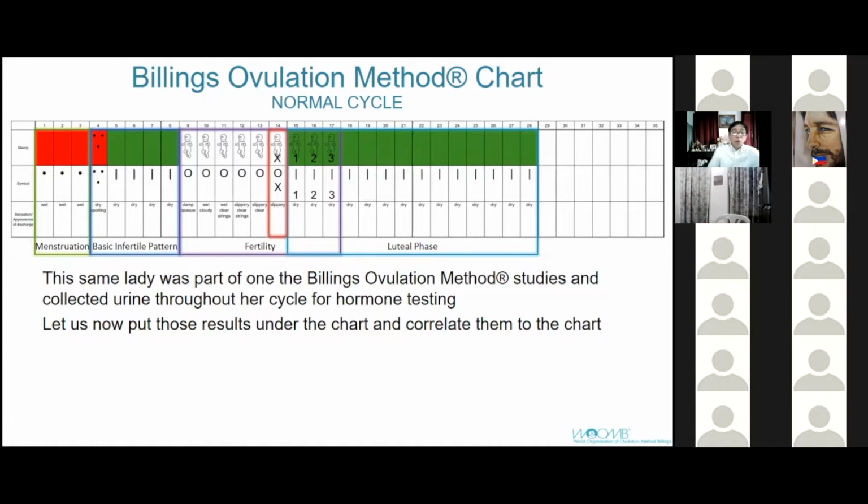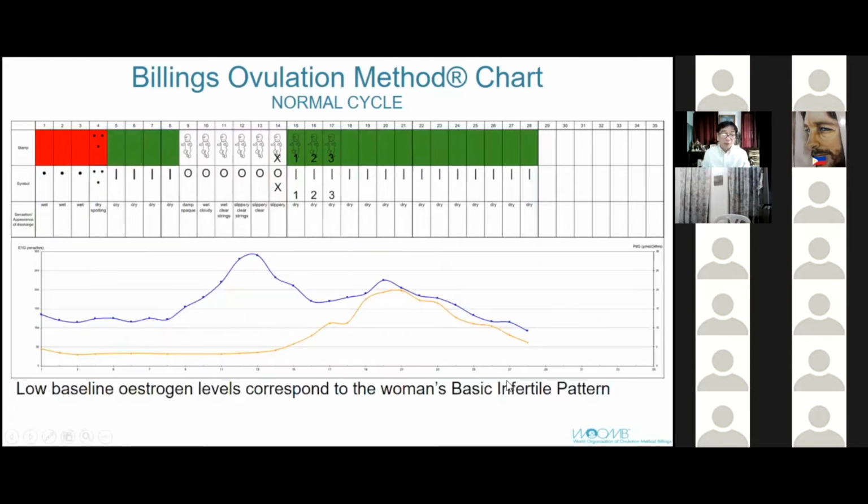Let us now put those results under the chart and correlate them to the chart. So, anong ginagawa natin sa session na to? Kino-correlate natin yung chart, what is happening to the hormones based on the study of Professor James Brown, and what is happening to the cervix based on the studies conducted by Professor Eric Odeblood.